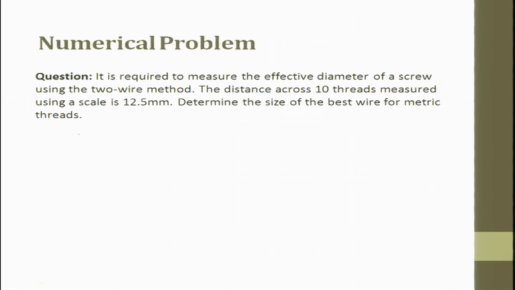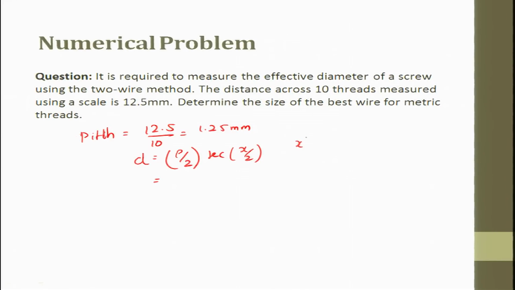Here, the pitch is 12.5 millimeter for 10 threads, so the pitch will be 1.25 millimeter. The best wire diameter is P by 2 into secant x by 2, where x equals 60 degrees for a metric thread.